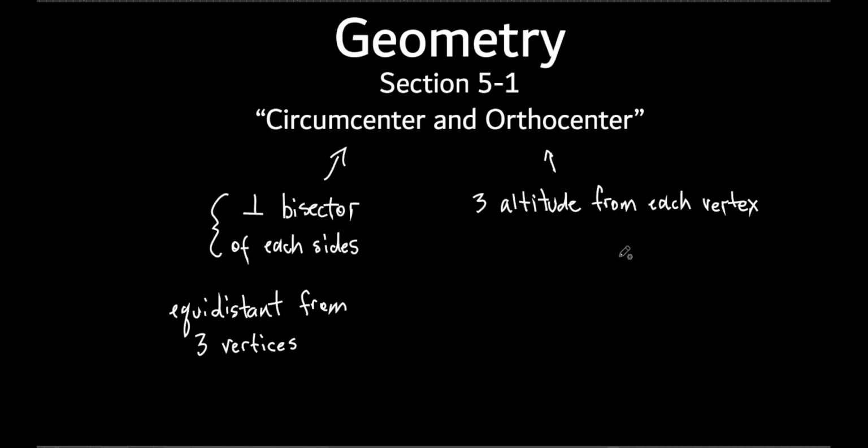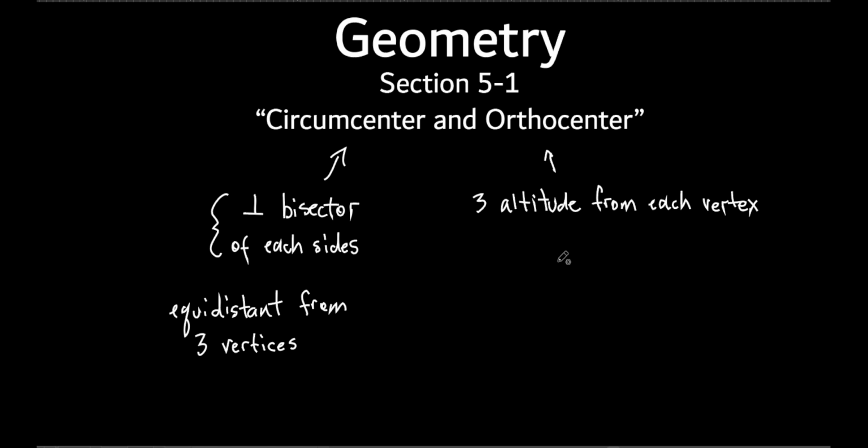So they all meet. They're concurrent. What's special about the orthocenter? There's nothing special about the orthocenter, except that they're concurrent. That's really the only thing special, that all three lines connect at the orthocenter.